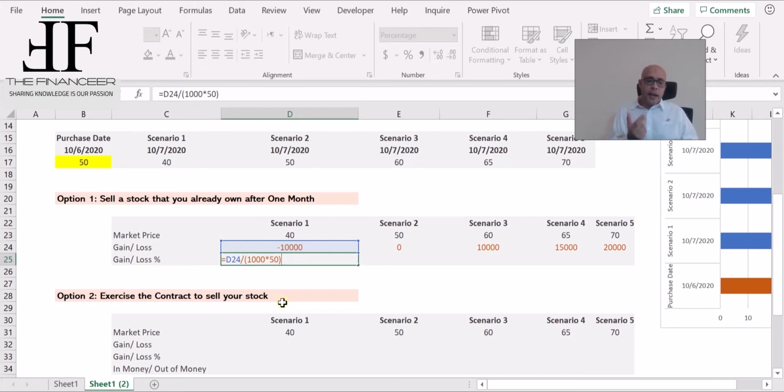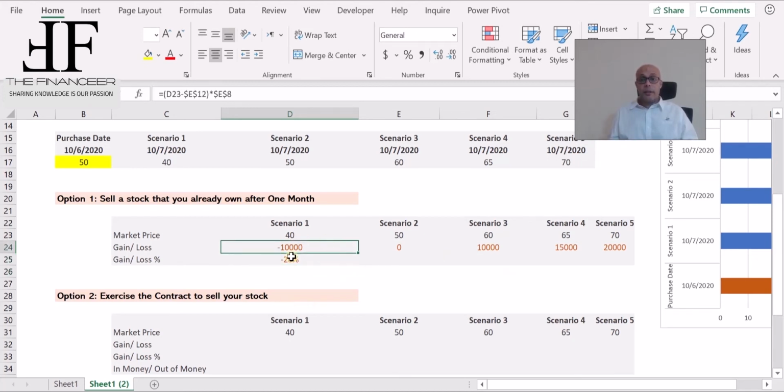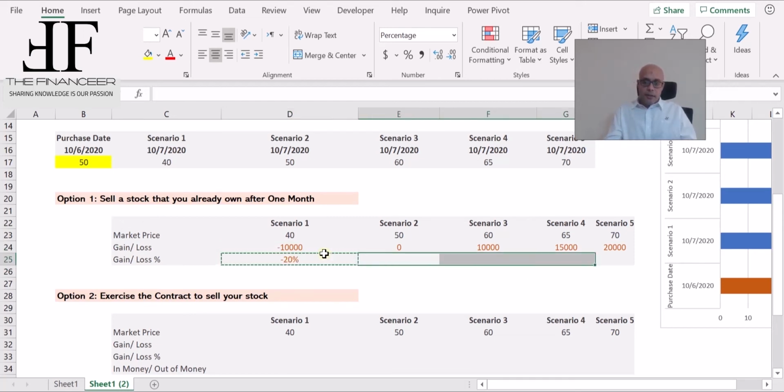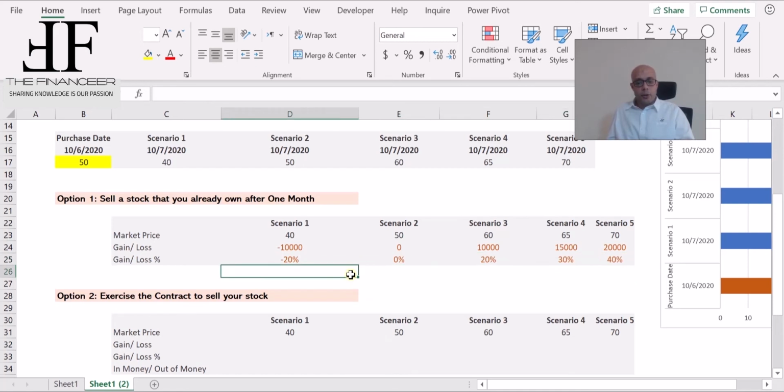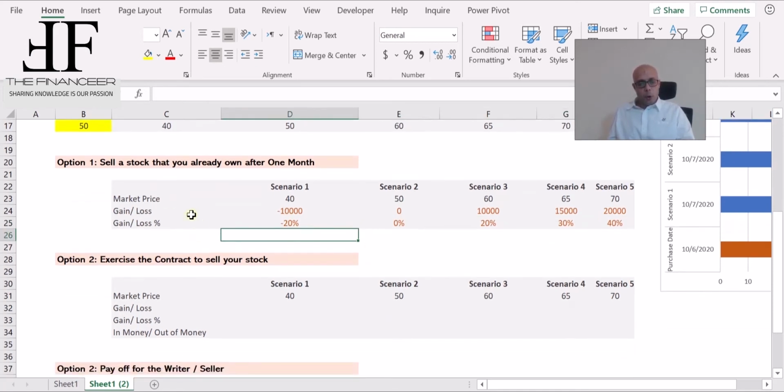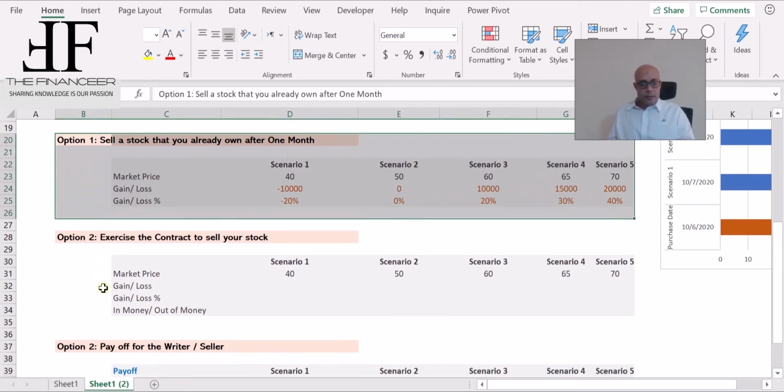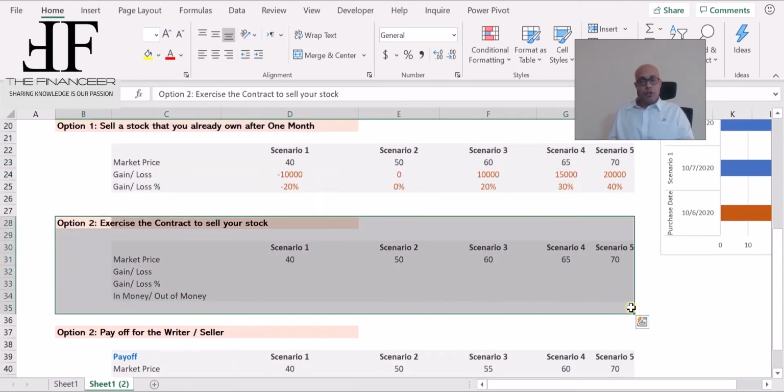And if you would like to calculate the percentage of the gain and loss, simply you are going to divide your loss or gain by the investment that you paid. So the result here will be 20%, and these will be the other gain and loss percentages for the other scenarios. Okay, before commenting on this first option, let's calculate the second option here, which means using the put option and exercising the put option, and let's compare the results.